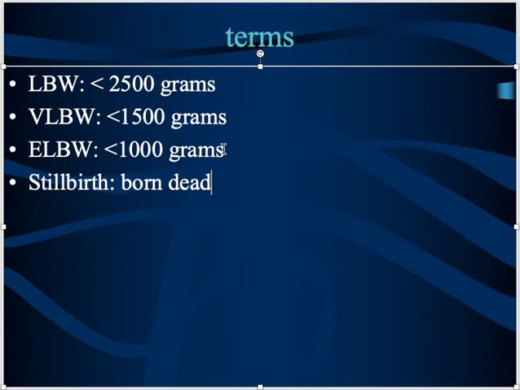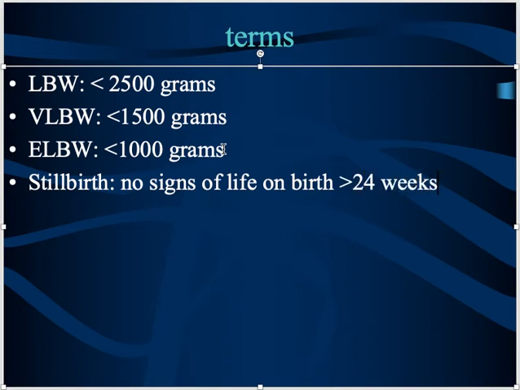They were living when they were inside, but they are born dead, or in medical terms, no signs of life right after birth. And one of the conditions is that they have completed 24 weeks of gestational life.